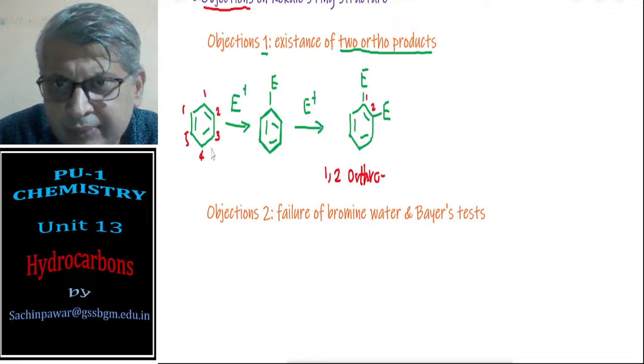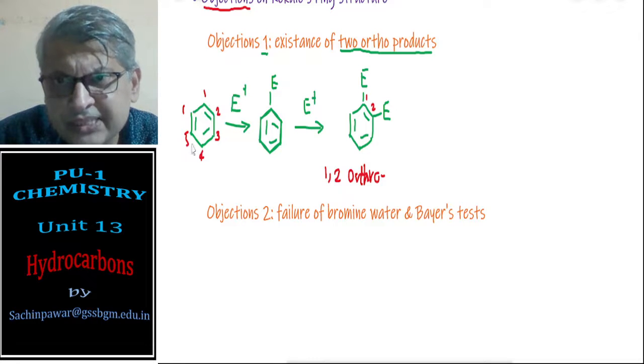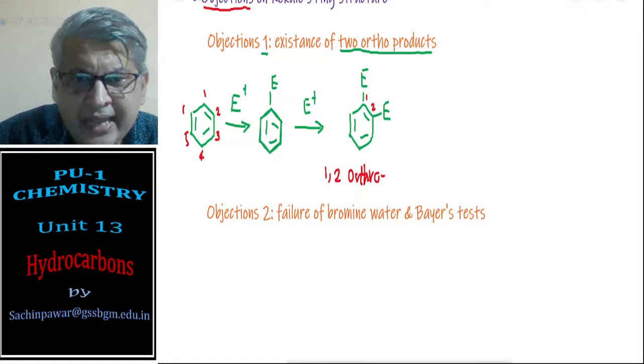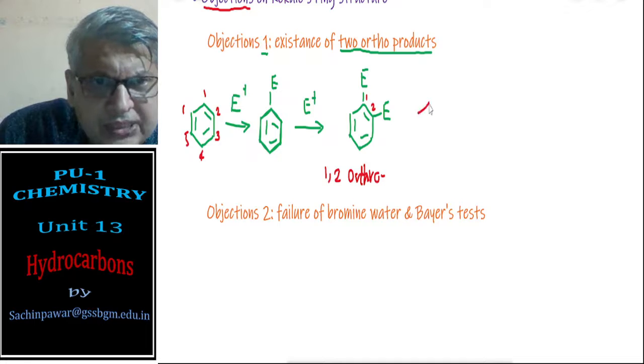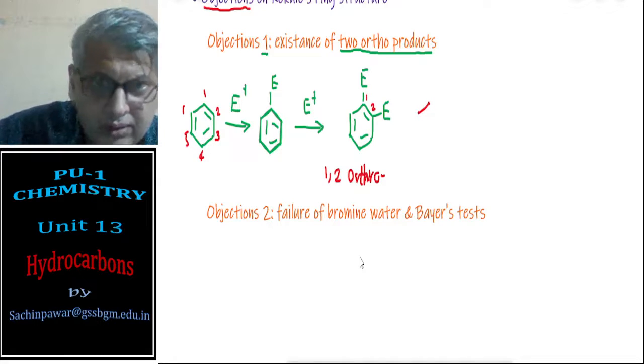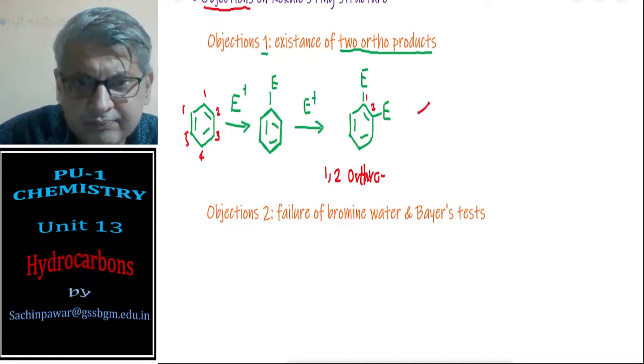However, since the numbering in Kekulé's benzene structure is given like this, I can write one more ortho product.